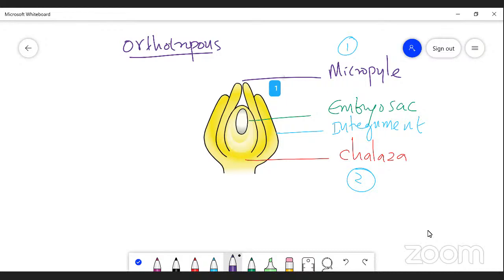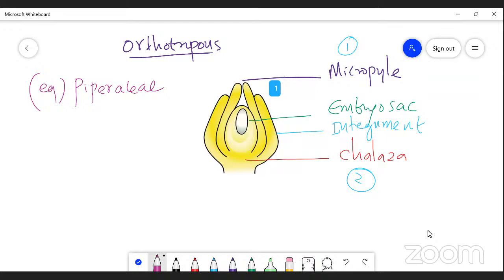This orthotropous ovule is found in some plants. Let me give an example for orthotropous: the Piperaceae family, which is also known as the pepper family.